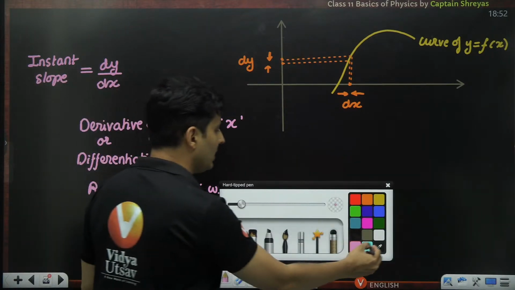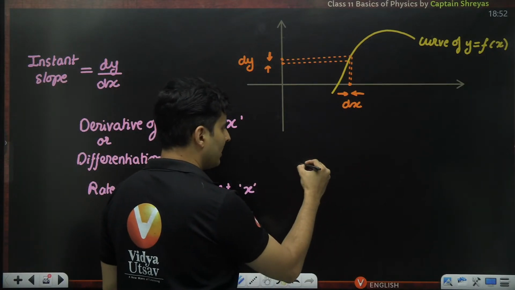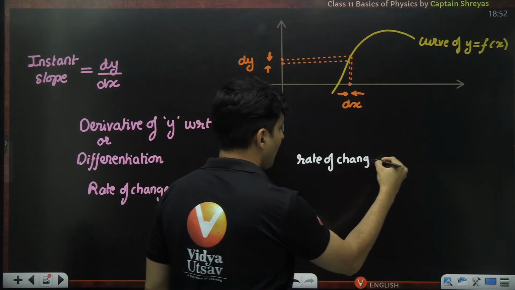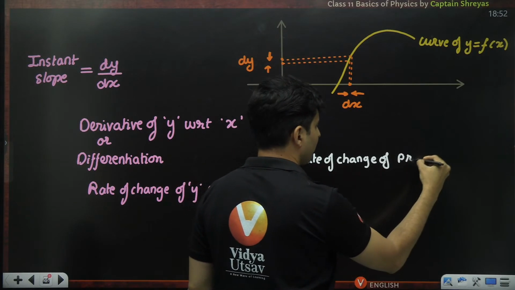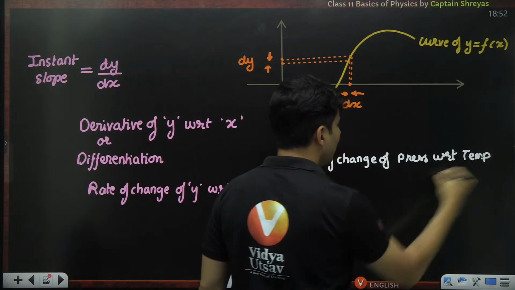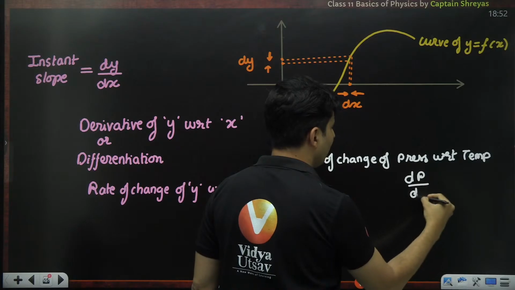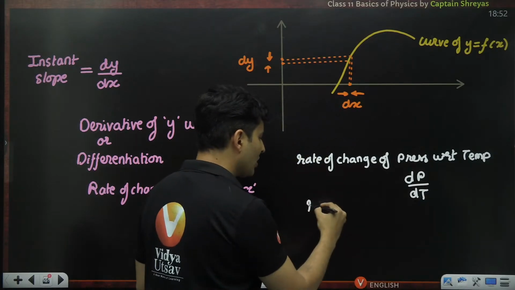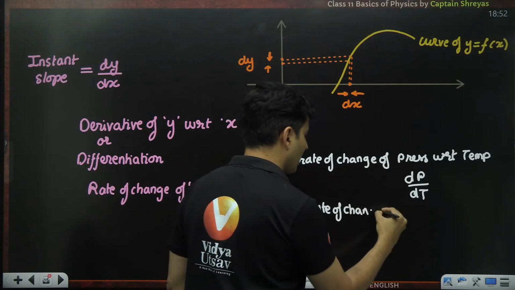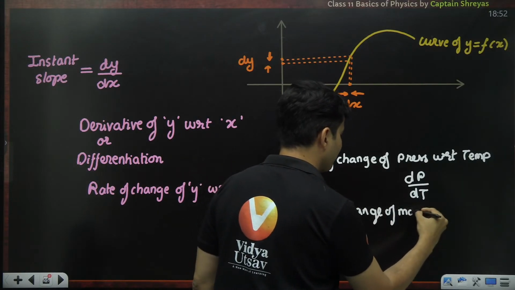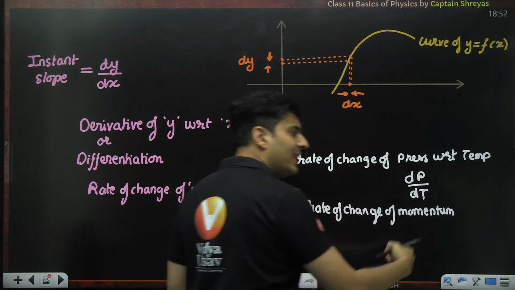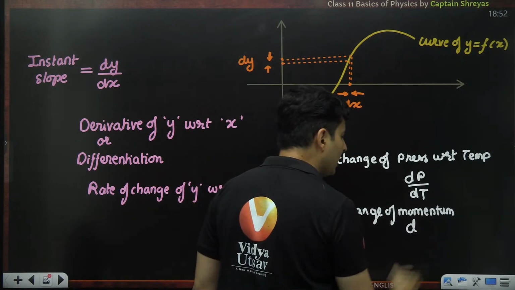So if tomorrow I tell you what is the rate of change of pressure with respect to temperature, it means I'm asking you dp by dt. If I ask you what is the rate of change of momentum, now when with respect to is not there, it is automatically understood.